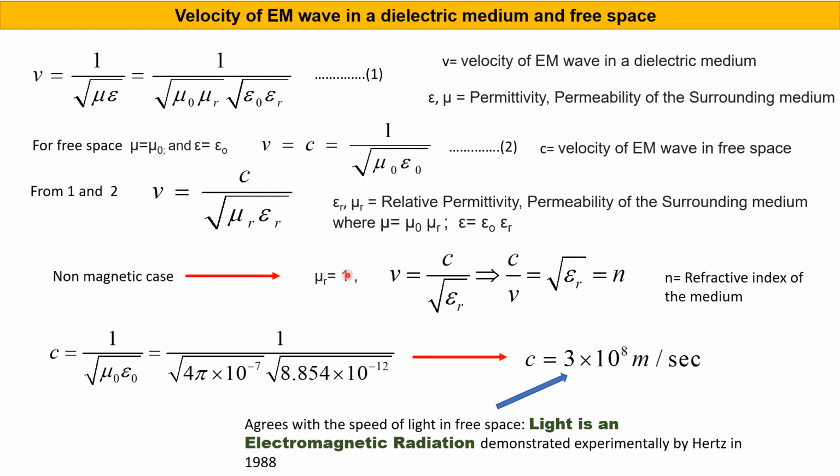Maxwell's four equations are very revolutionary. From those four equations we can reach the velocity of light in free space, and we can prove that light is an electromagnetic radiation. It is a very revolutionary proof, carried out only by using Maxwell's equations.